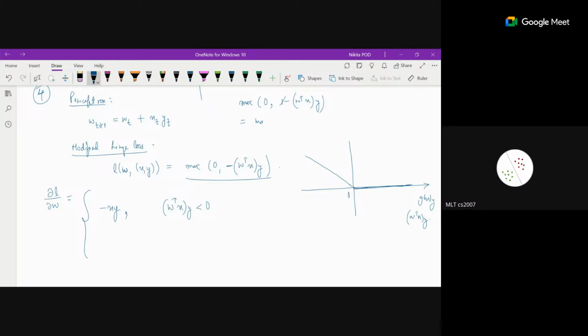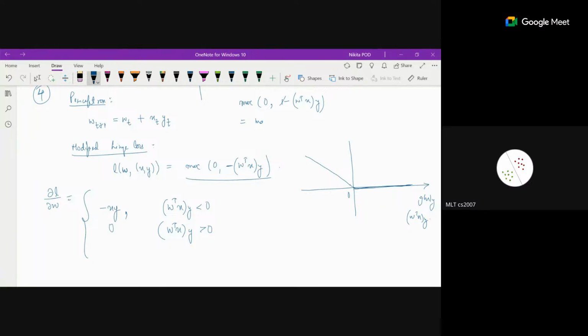But if w transpose x times y is greater than 0, there is no change, so this derivative is 0 basically, right?